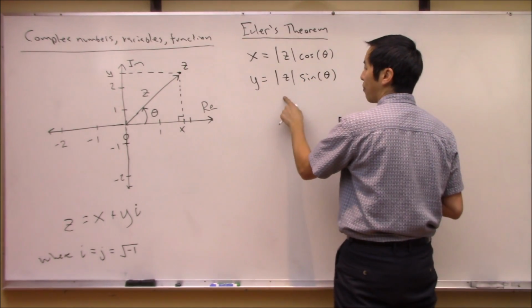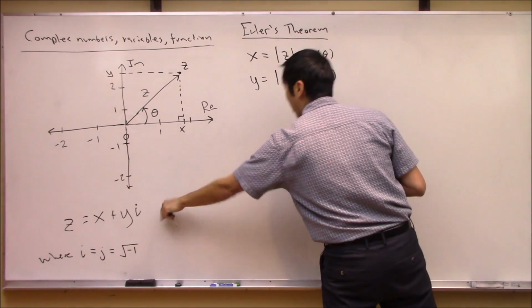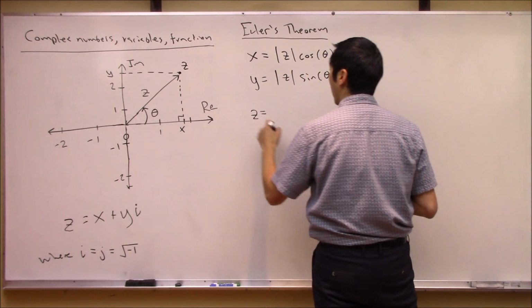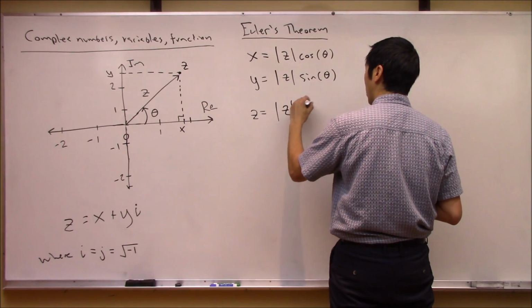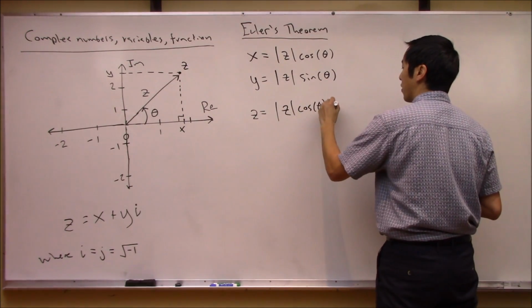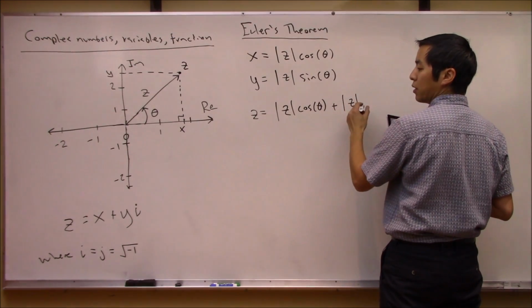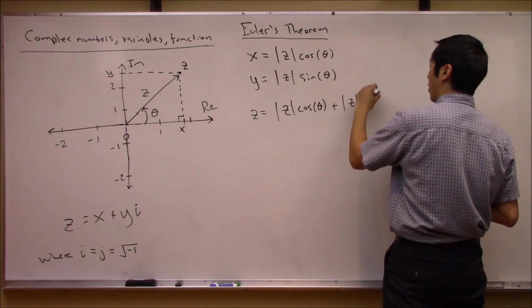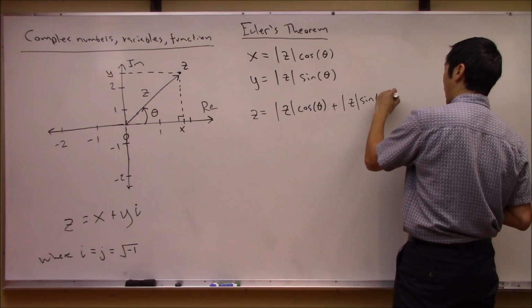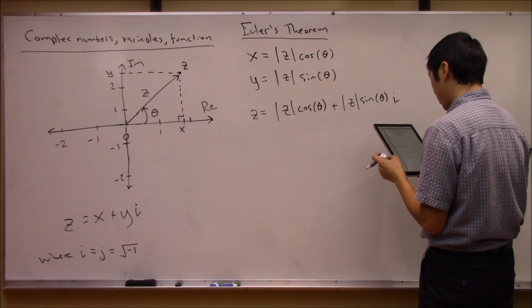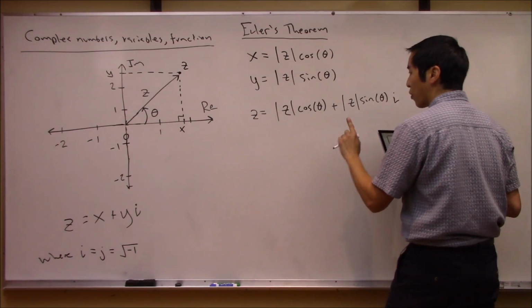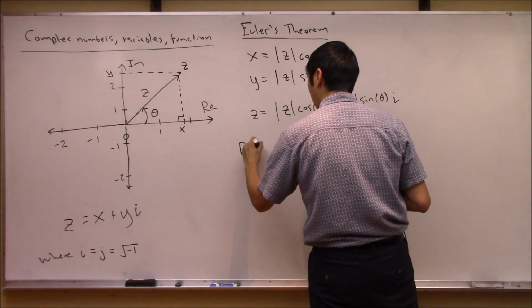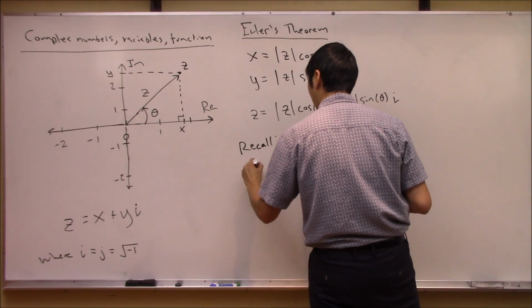Let's plug this back into this expression down here. So we see that an alternative way to write z is magnitude of z cosine theta plus magnitude of z sine theta, and don't forget the i on the end, right? Now, if you remember, what is cosine and sine?